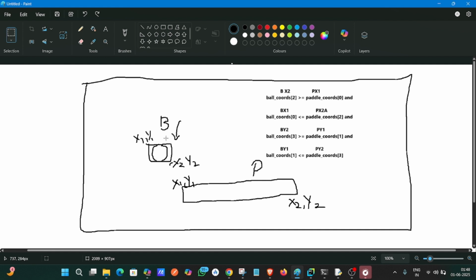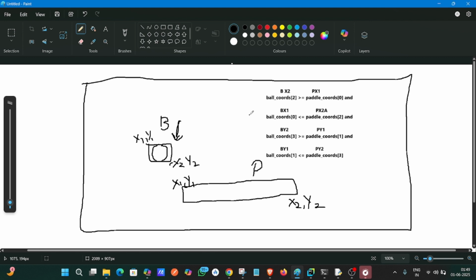Now suppose this is a ball which is dropping from somewhere, and this is a paddle which you are moving. We are trying to touch the ball with the paddle so that the game does not end and the ball bounces back. So before bouncing the ball back or upward, we should write a logic so that our program understands that the ball has collided with the paddle.